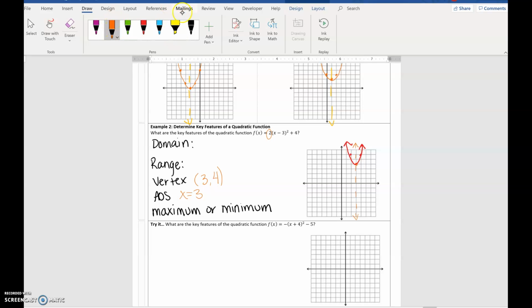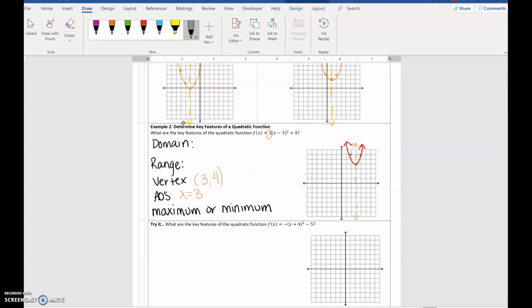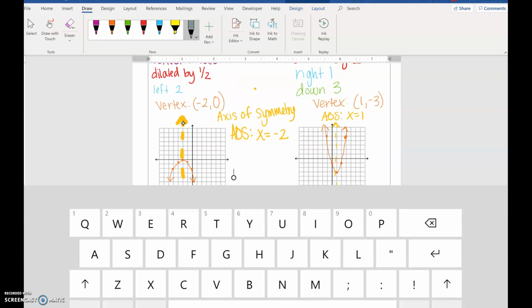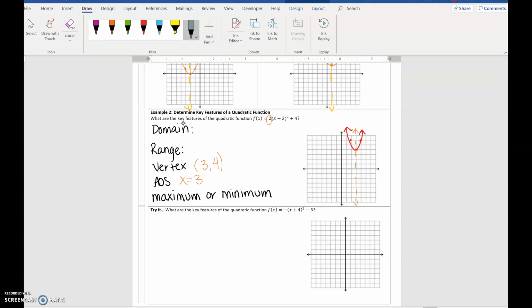And then we would look at the graph for the domain and range. When I'm looking at the domain, I would see that it can be all real numbers. Sorry for the keyboard popping up again. So we have all real numbers for the domain, and you can write it as all reals, or you can write it in interval notation where we go negative infinity to infinity.